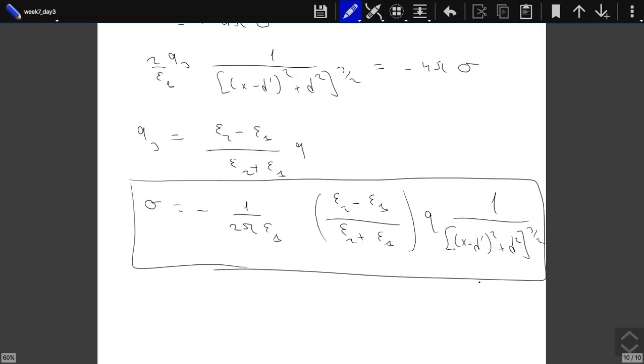If epsilon 2 is smaller than epsilon 1, it turns out to be minus. Okay, so if epsilon 2 is less than epsilon 1, that's what you are saying, right? Much less than. Well, as long as we are only looking at the signs, if epsilon 2 is less than epsilon 1, then the parenthesis is negative and sigma is positive.